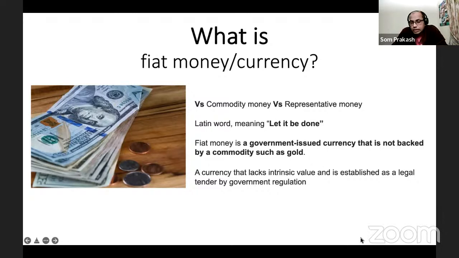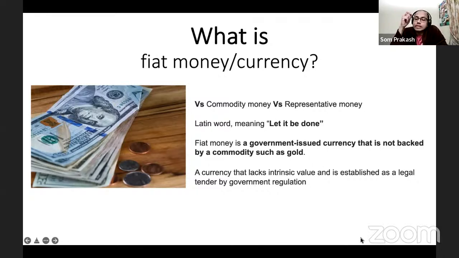So decree means an announcement of a law or a rule. Everyone has to abide by it. So when fiat money came, whatever we see right now, a dollar note, or a dollar bill, or a pound, or Indian rupees, or euros.